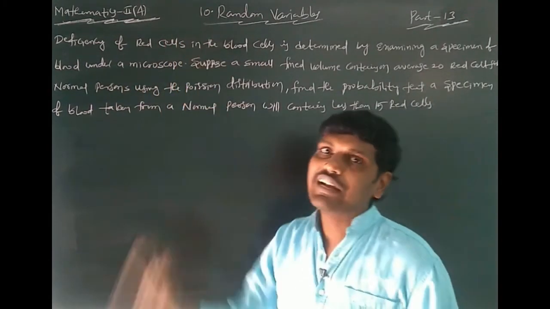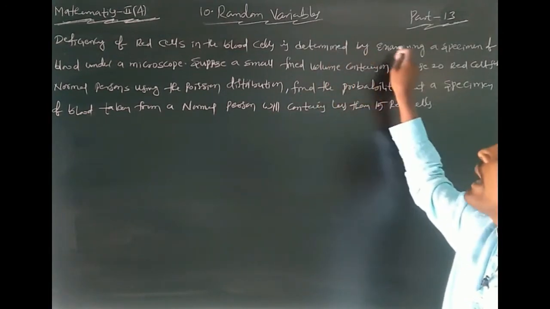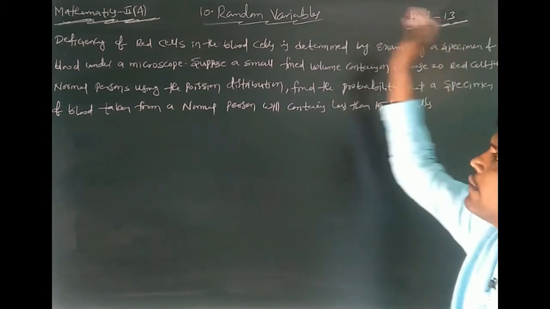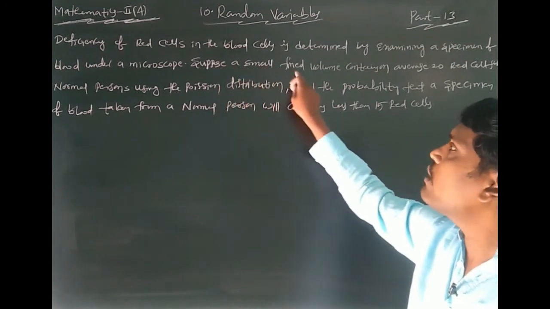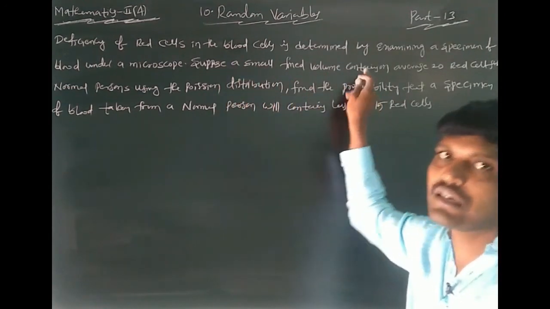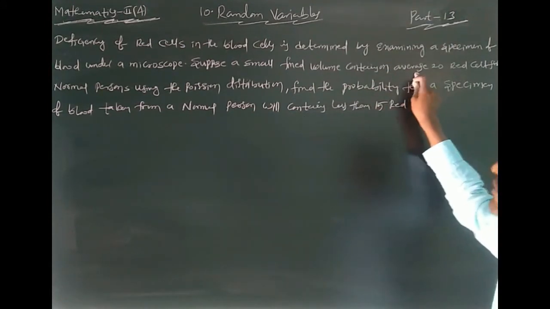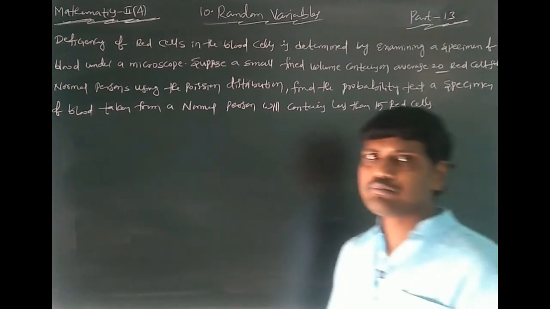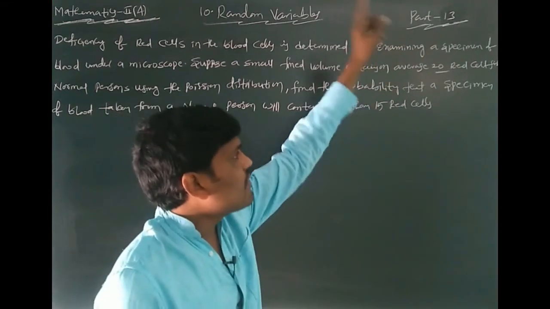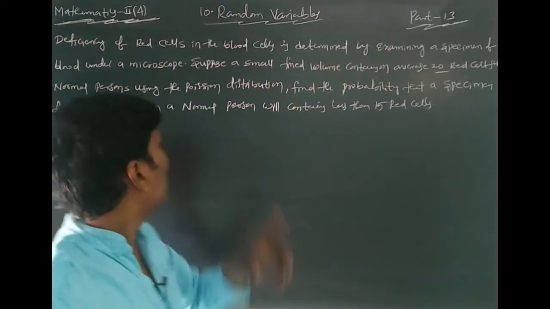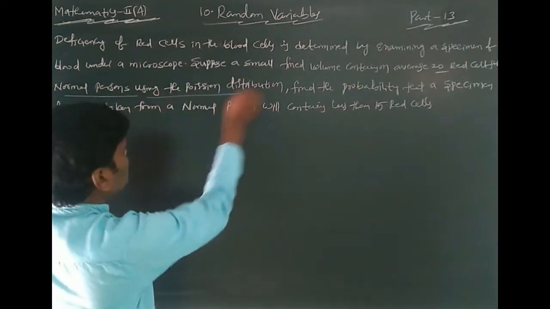Suppose we take a small fixed value that contains on average 20 red cells for a normal person, using Poisson distribution.